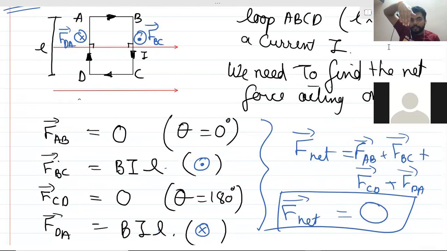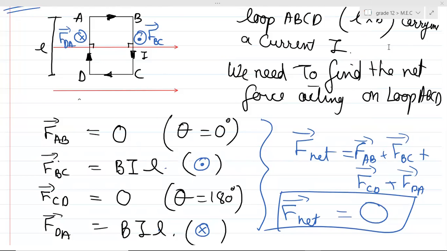Now the magnetic field is acting towards the right. When you do this, your thumb points towards you. Similarly for AD, the magnetic field is over there. Okay sir, got it.